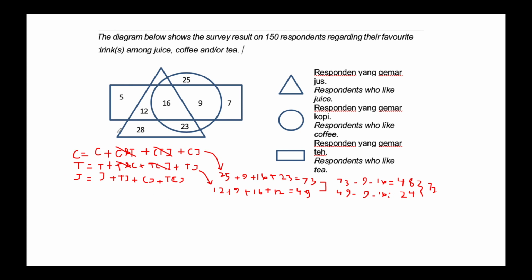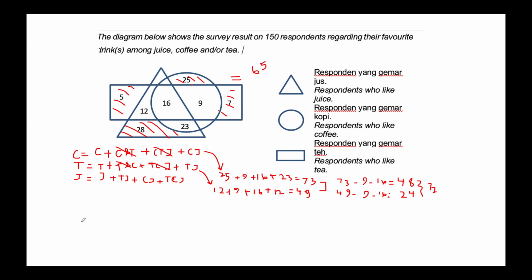So for the third question, it only asks for this part because of the keyword "only like". So for the C, you have to add this part. So the answer is 28 plus 5, 20 plus 25 plus 7, you will get 65.